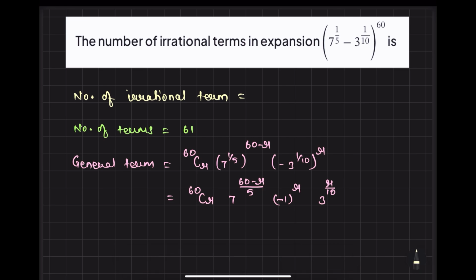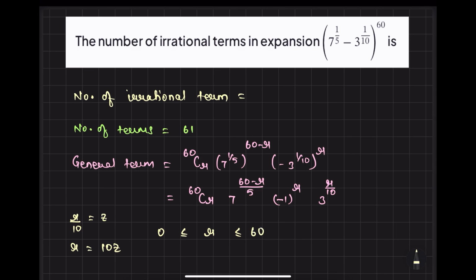Now look at this. Can I write r by 10 as z? We want an integer, so r will become 10z. Now you know that r will range from what to what? r starts from the whole number 0 and ends at the power n.